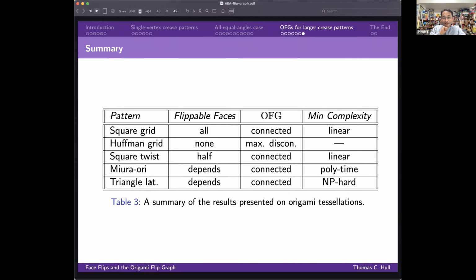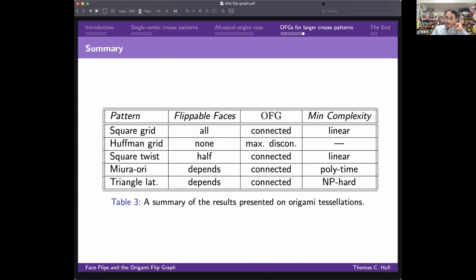My question is that you show the connectivity of the graph and the NP hardness of finding the shortest path between them, and between them we have a problem which asks whether you can find any path connecting two given configurations of the triangular lattice, but not necessarily the minimum, just any path.